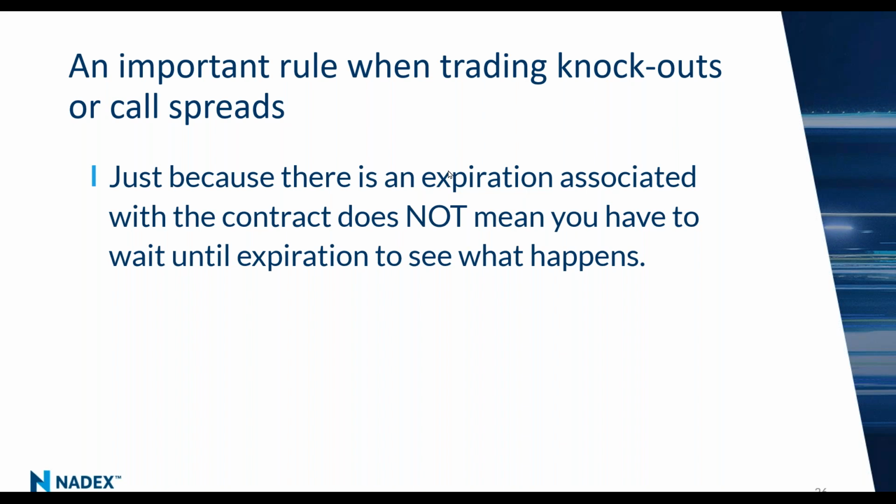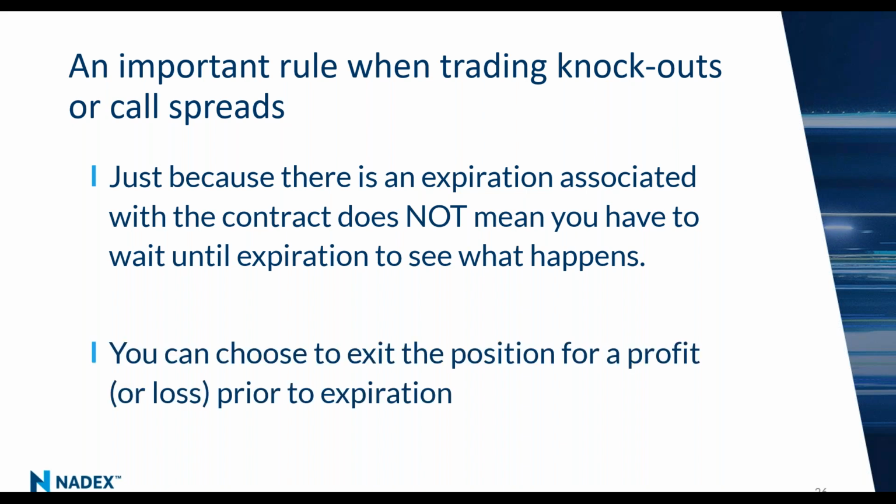You do not have to wait until time expires if it doesn't touch the floor or ceiling. Or in a call spread, more importantly, you do not have to wait until the end of the week to see what happened. You can choose to exit the position early, and that is absolutely critical.